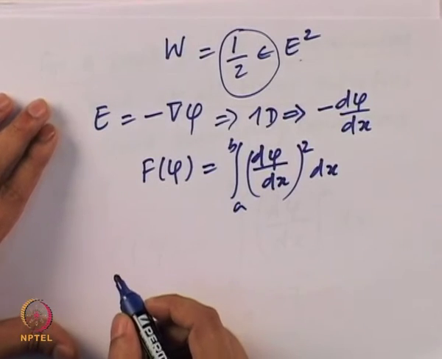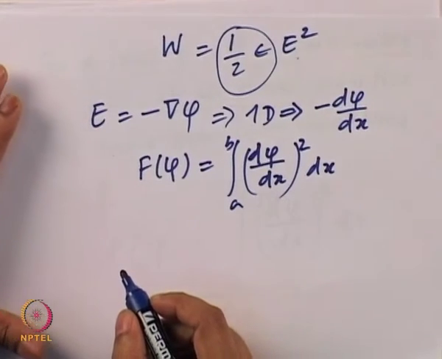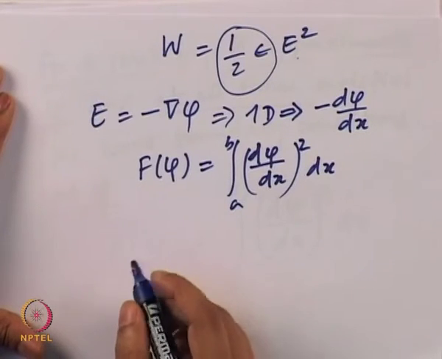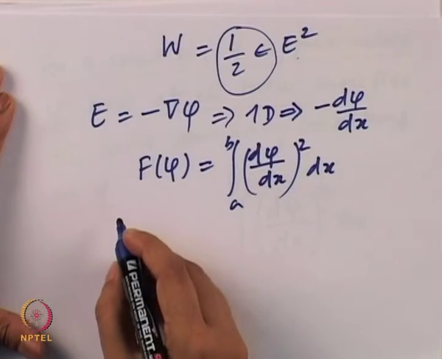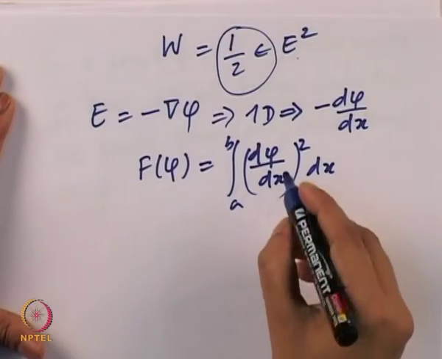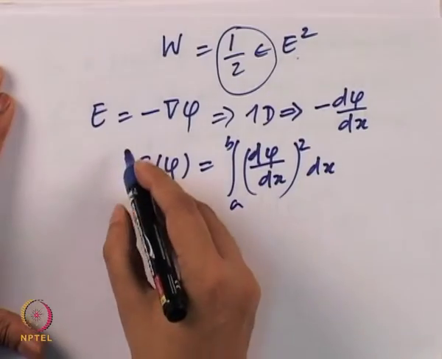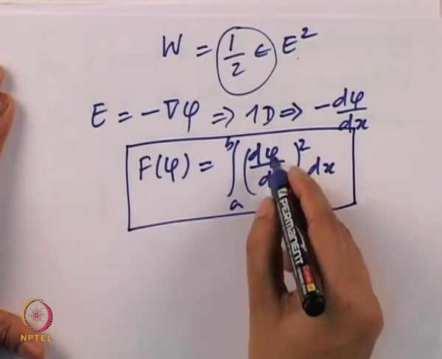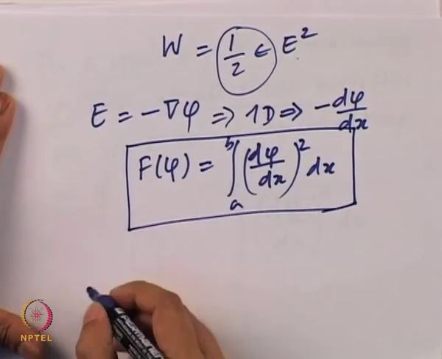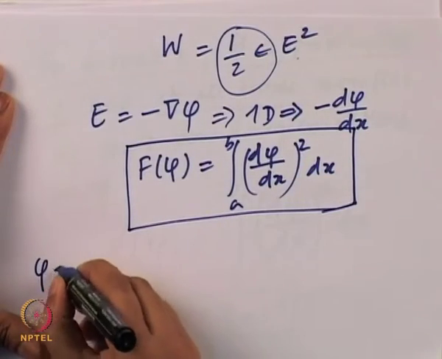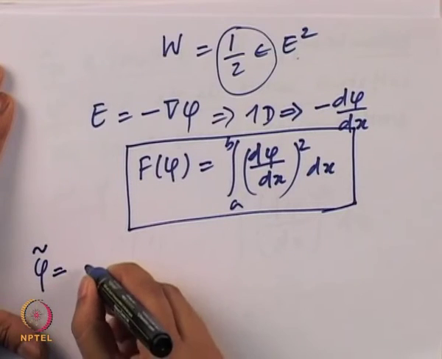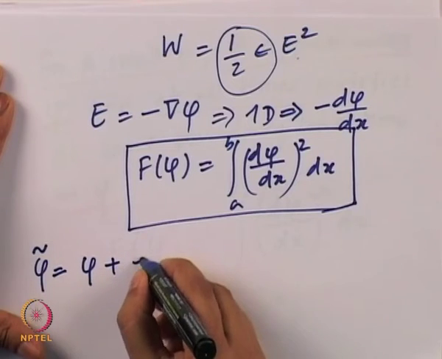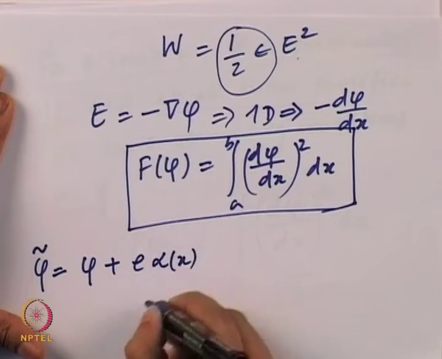So now we are going to replace the value of phi in the equation that we had before with the approximation. We are going to replace in this equation the approximate value of phi. We know that phi tilde is equal to phi plus E alpha x.